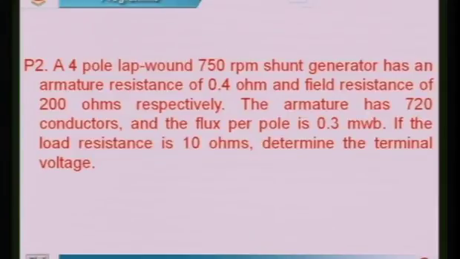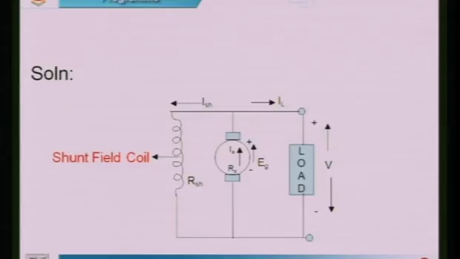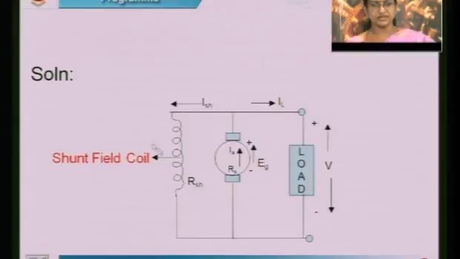So the equation is given. In this case it is shunt connection, because the shunt field is connected in parallel with the armature and the load is connected across the armature. I already told you that Ia is equal to IL plus ISH. You can calculate this Ia, and then you can calculate this ISH by using the equation V divided by RSH.